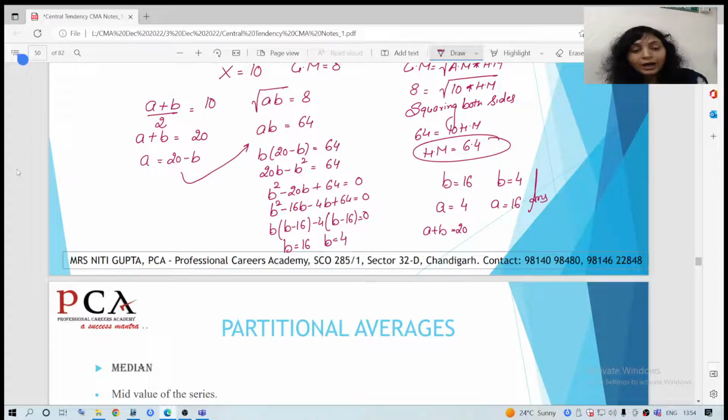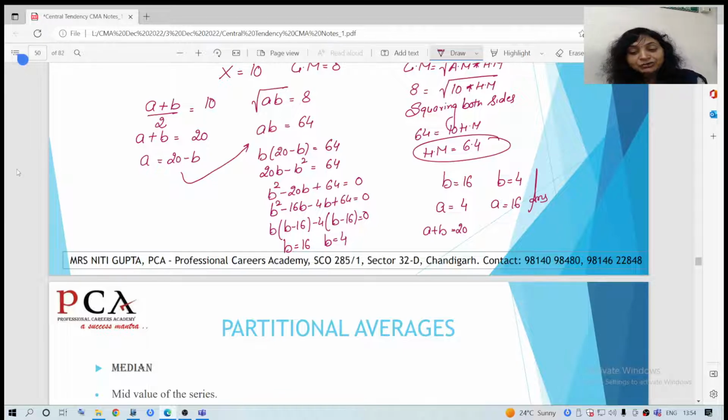Now our next average is positional averages. I have told you positional averages are those which are based on the position of the item in the series. That is, on which position the item lies. Here the position matters, not the magnitude of the item.